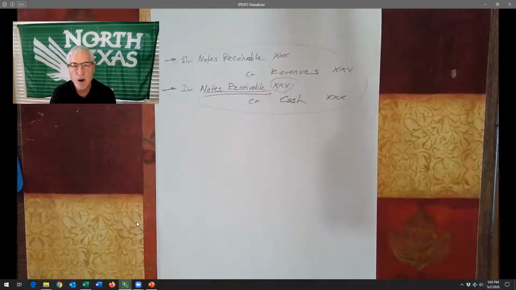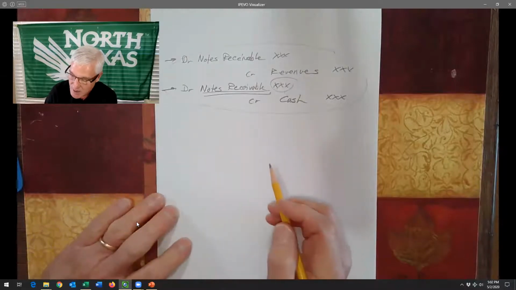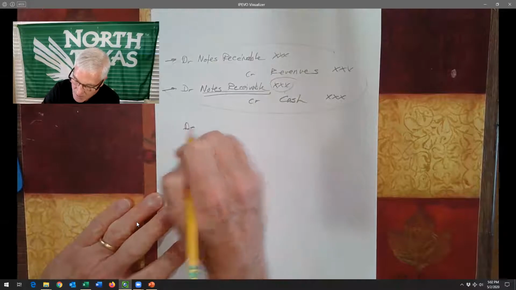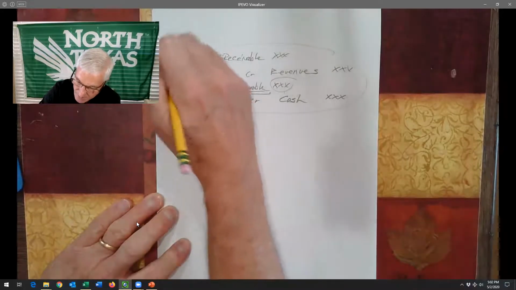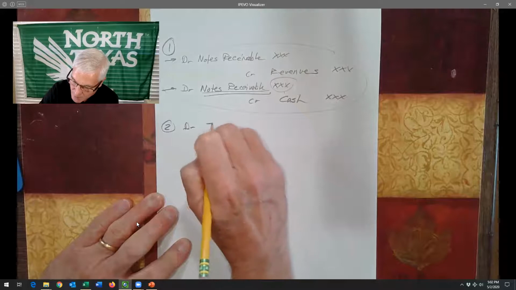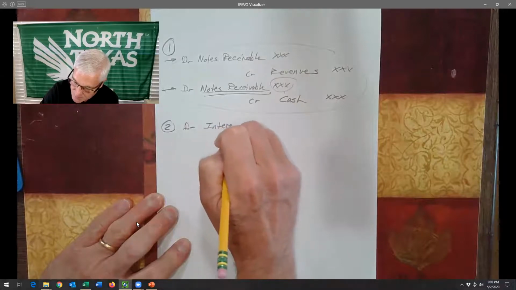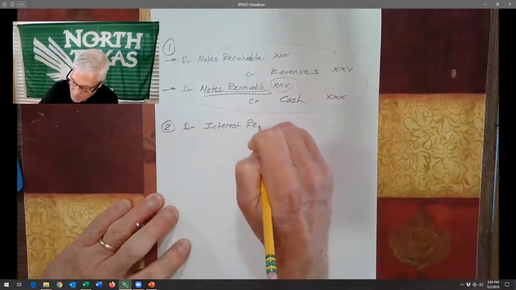But guess what? We're going to cross over some accounting periods, and we're going to have to do some adjusting entries to recognize the interest we've earned. And so when we cross over, this is entry number 2: we're going to debit interest receivable, another asset.